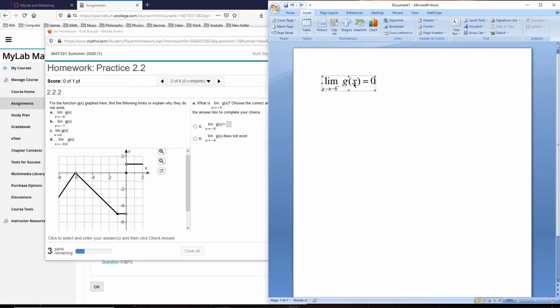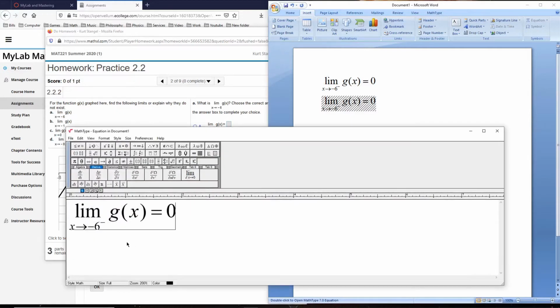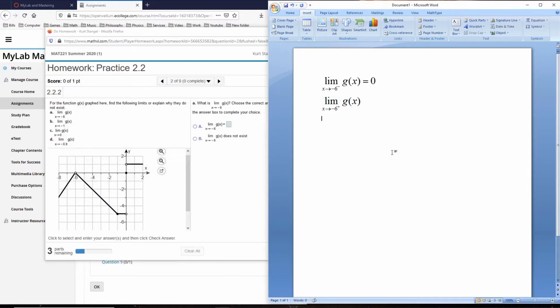Now to do the two-sided limit, we do have to figure out the right side as well here. So approaching from the right, put a plus sign there. And we don't know what that equals yet. Let me get rid of that. And let's check that out. So -6 from the right. So now we're on this segment of the function. And as we walk along and get closer and closer to the input of -6, we find ourselves at a height of 0.